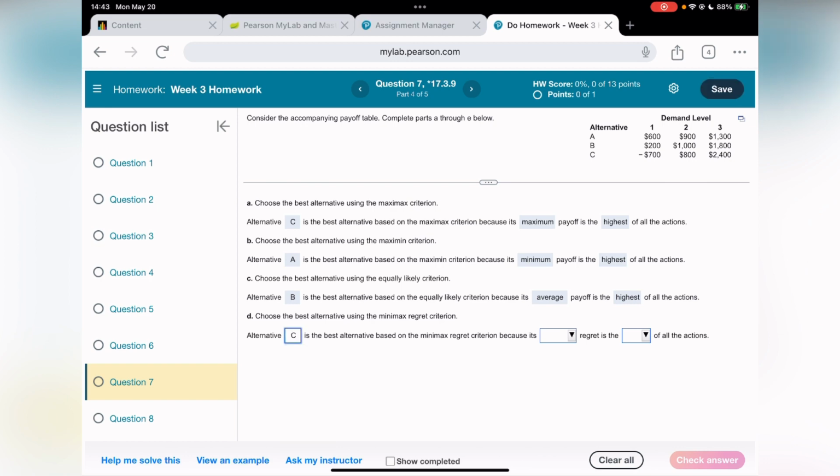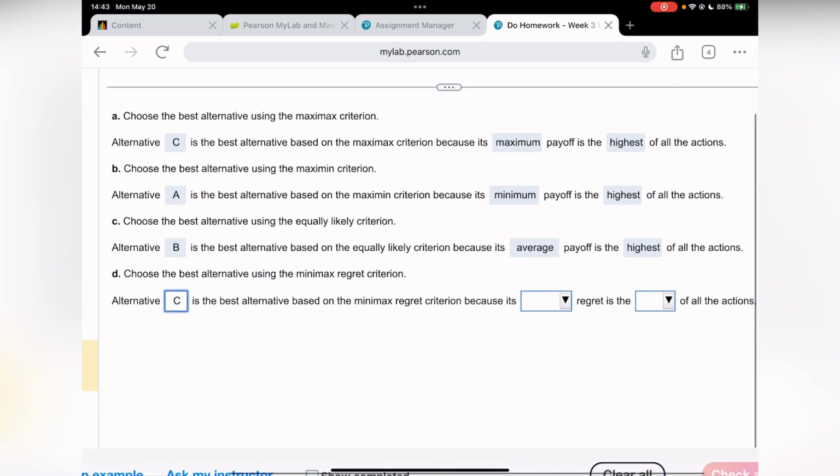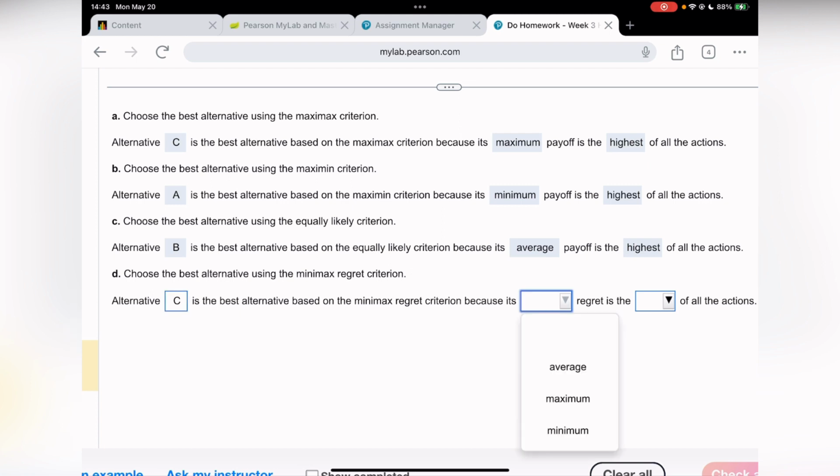B is the best alternative based on the minimax regret criteria, because its maximum is the lowest of all actions.